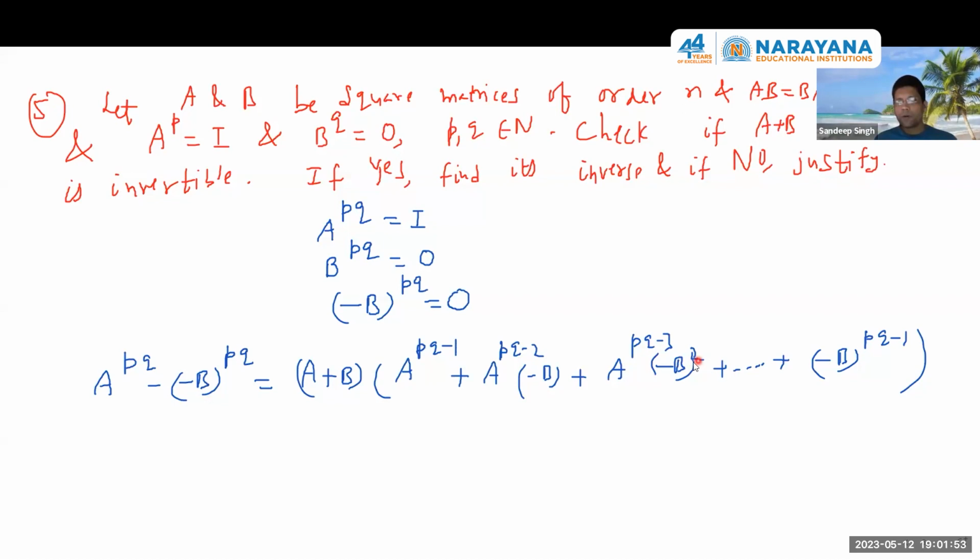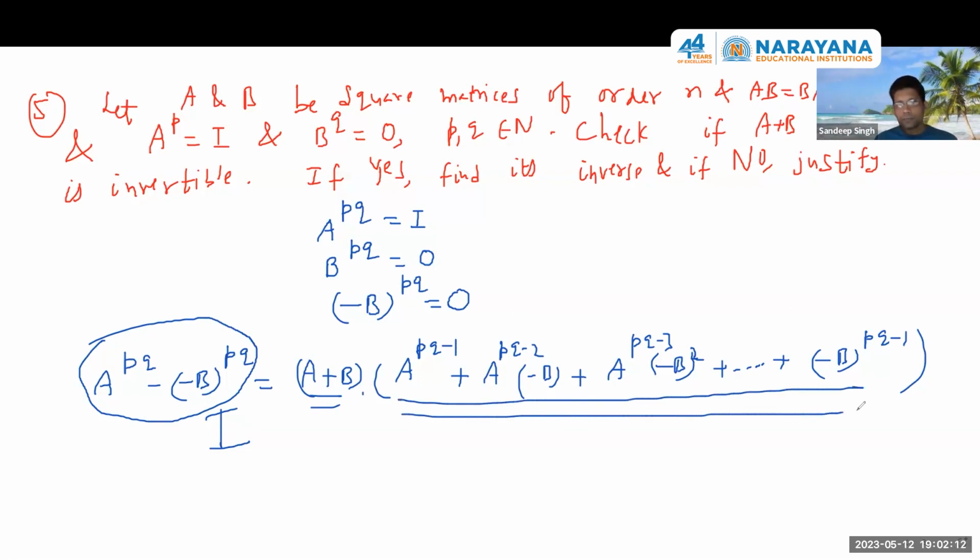You can observe because B is non-invertible. Hence, if you put determinant on both sides, what is the left hand side? This is I only. This I can put equal to I, A power PQ, and hence the product of two matrices is I, then they are inverses of each other. Hence, both of these prove that this is invertible.